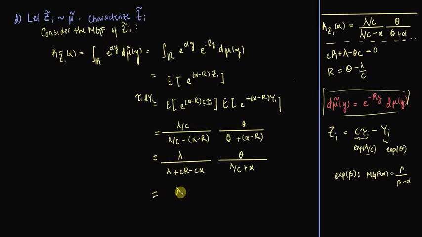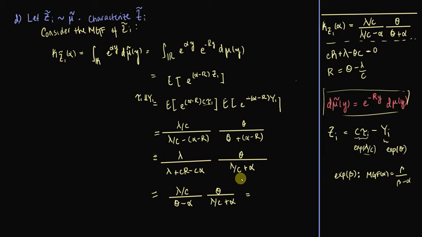So we have lambda divided by c multiplied by theta minus alpha, and you divide by c on the top and in the bottom, and theta divided by lambda over c plus alpha.